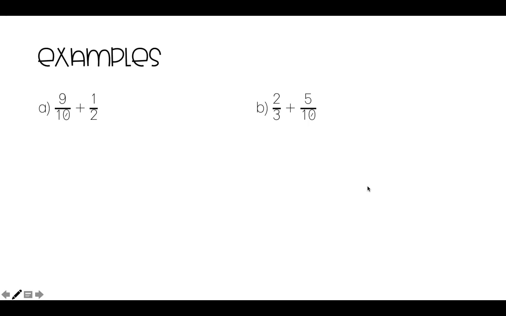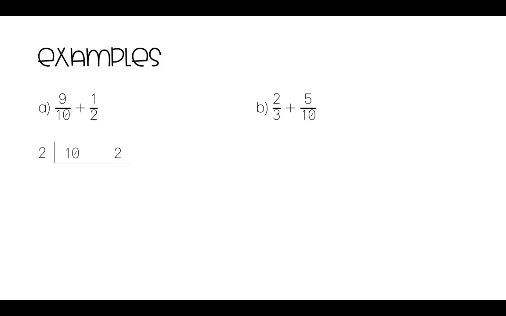Let's look at doing this with some actual fractions instead of shapes. So 9/10 plus 1/2. So again, we need to have those denominators the same. So what we're going to do is put our 10 and our 2 in our little L bracket. Now, what is the highest common factor, or what is a factor of 2 and 10? Well, a factor of 2 and 10 is 2.